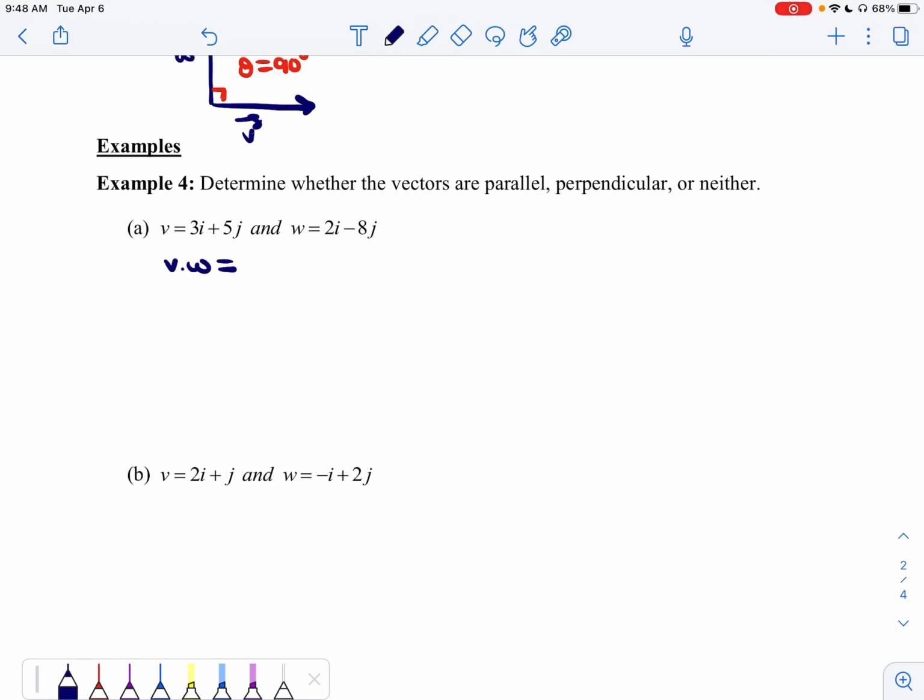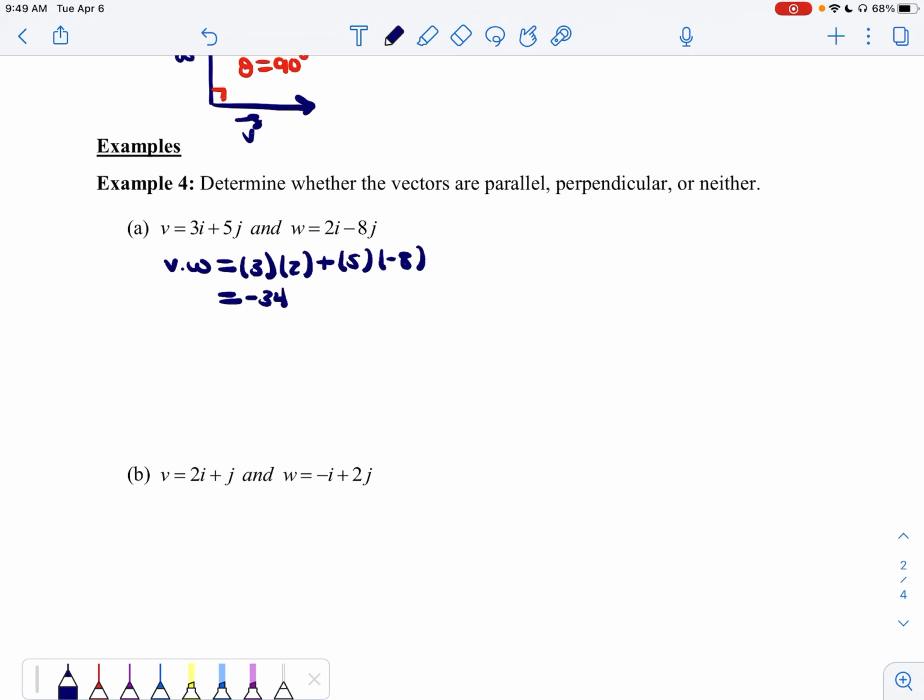V dot W, multiply the I component of V times the I component of W plus the J component of V times the J component of W. So we would have 6 minus 40, which would be a negative 34 as our dot product.